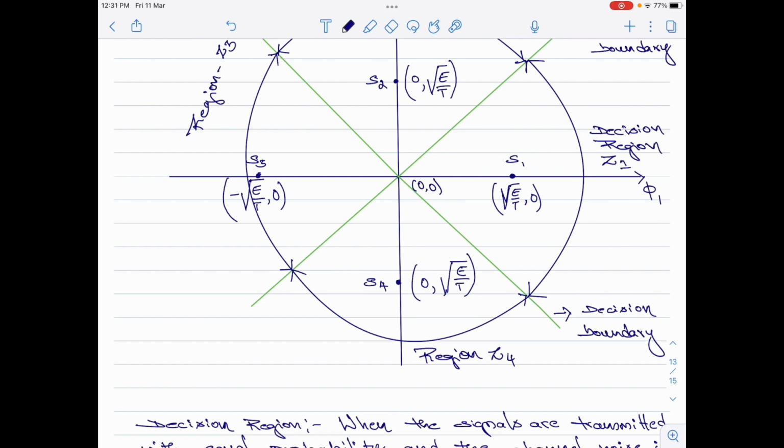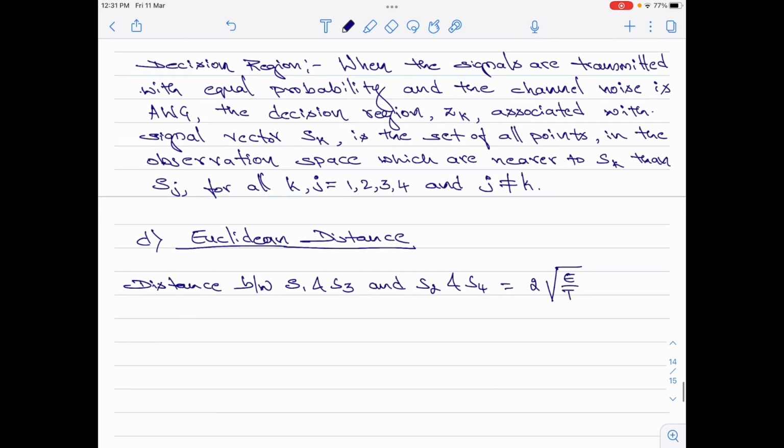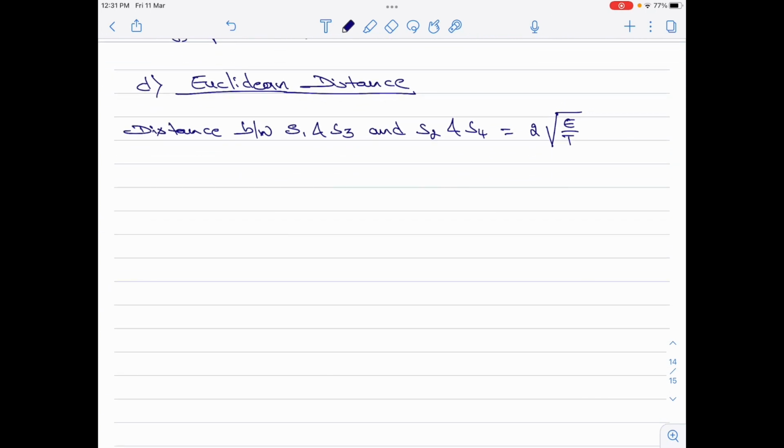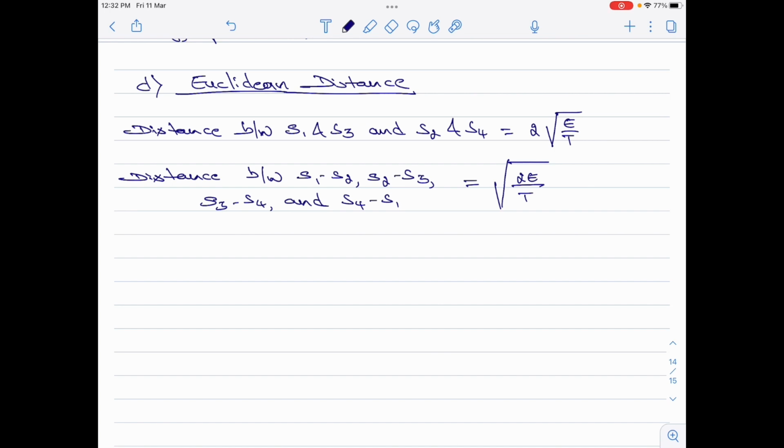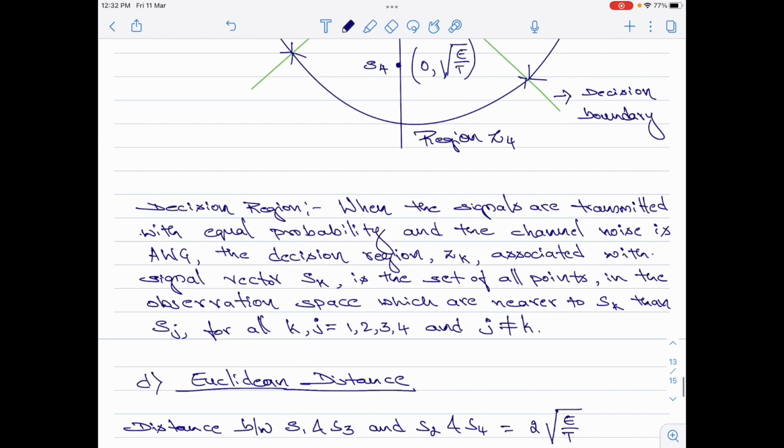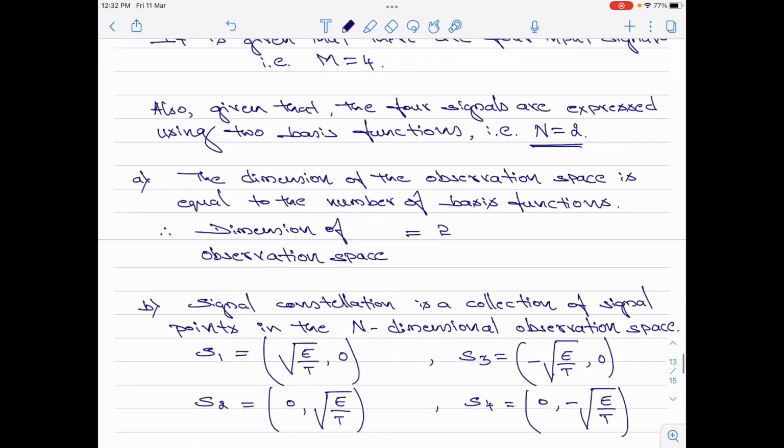This is simply by applying the Pythagorean theorem. So, I will now write the distance between those points as, please note, this is by using Pythagoras theorem. Right. So, with that we have completed this numerical.